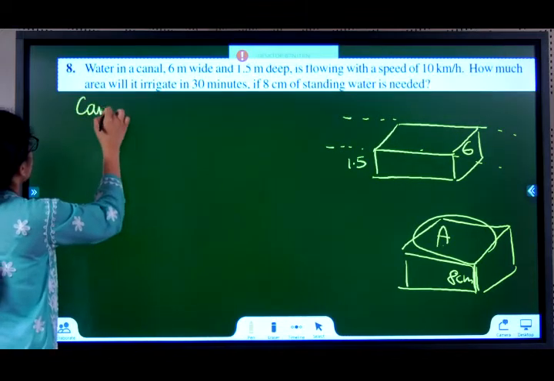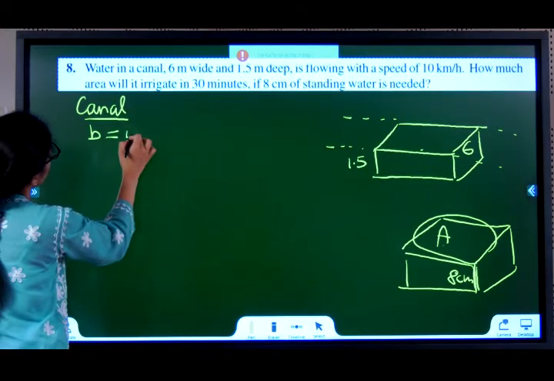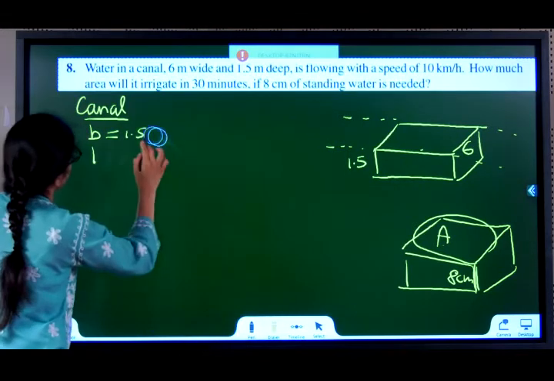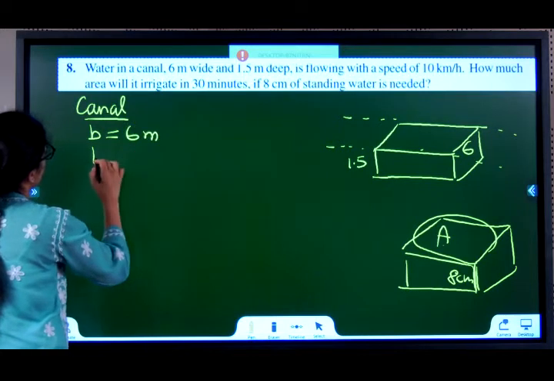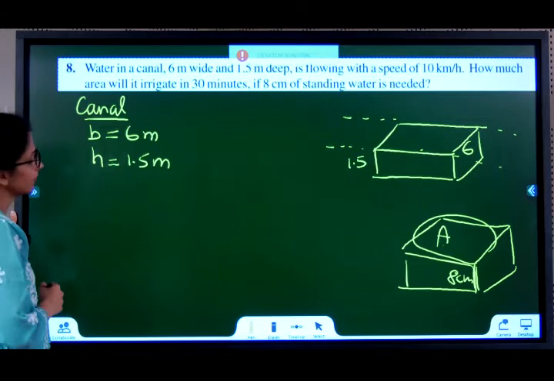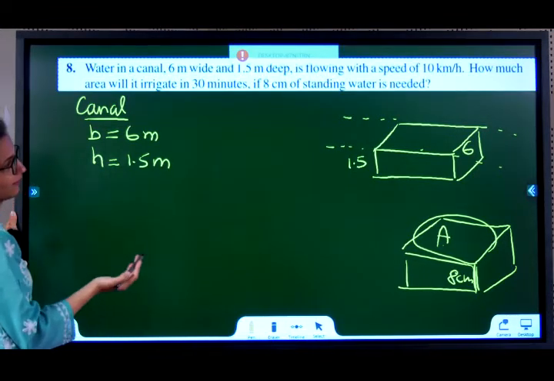For the canal, breadth given is 6 meters. Height given is 1.5 meters. Now, length of the canal. We don't have the length of the canal here.